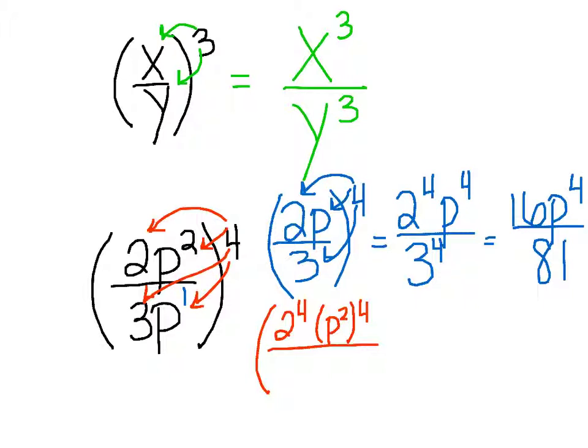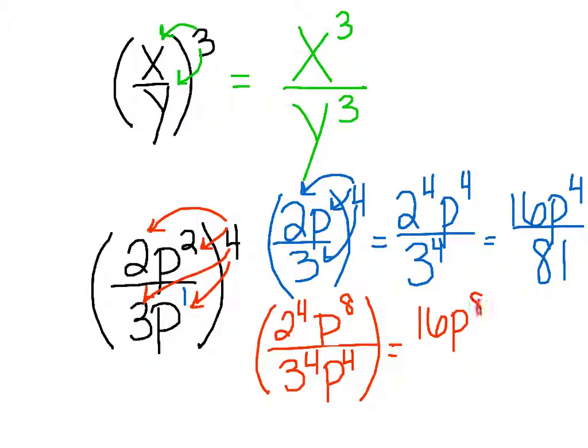We can multiply our powers here, 2 to the 4th, and that's going to give us p to the 8th. And then on the denominator, I have 3 to the 4th, and I have p to the 4th. Well, 2 to the 4th is 16, p to the 8th, divided by 3 to the 4th, which is 81, p to the 4th.